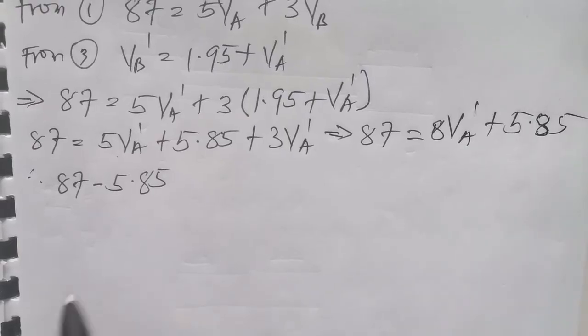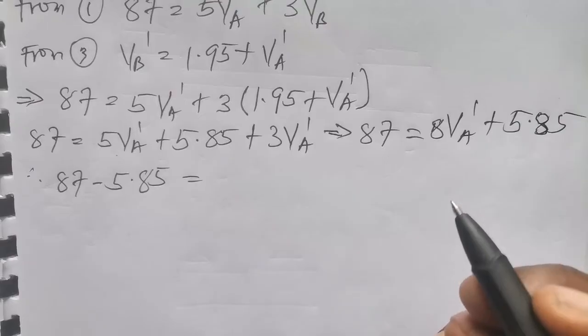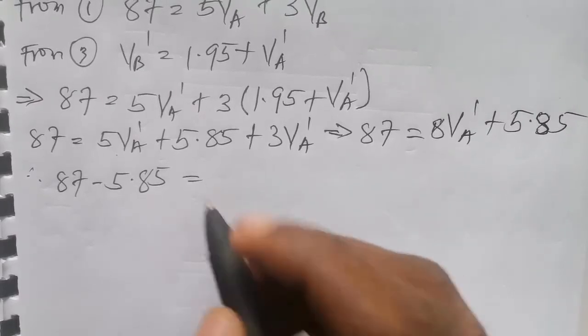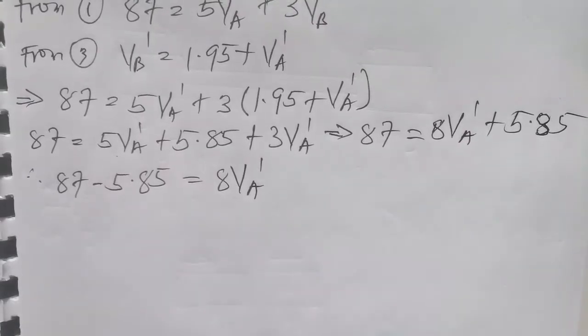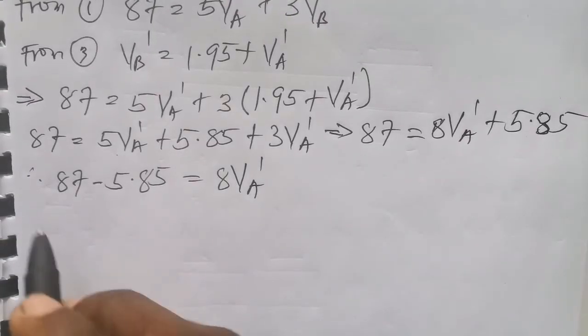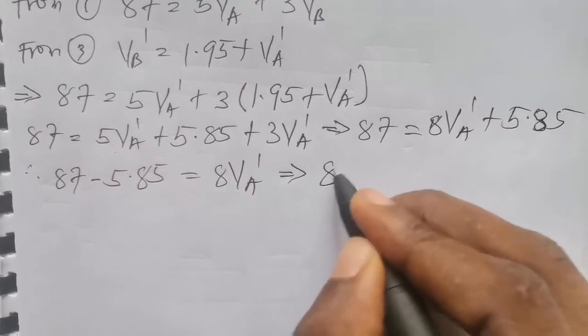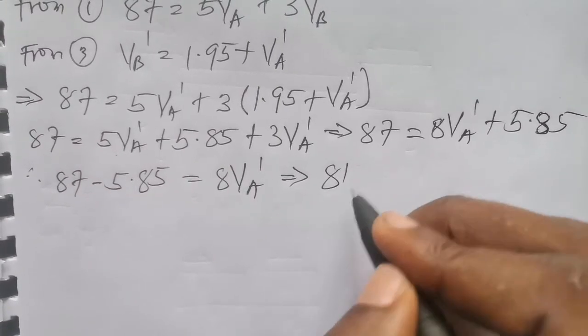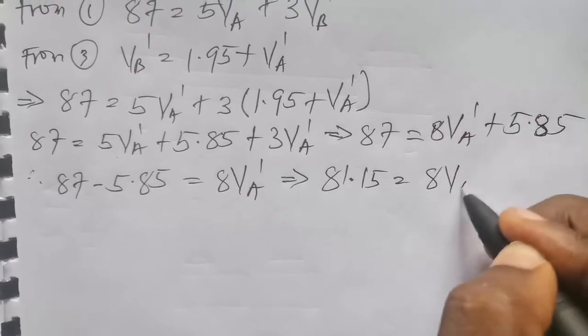That's 5.85. So 87 minus 5.85 is equal to 8 VA prime. This simply implies we have 81.15 equal to 8 VA prime.